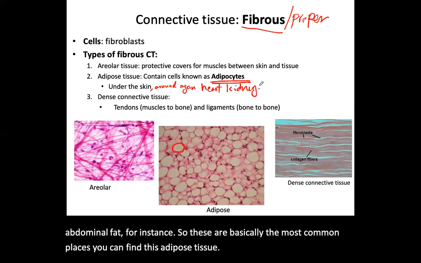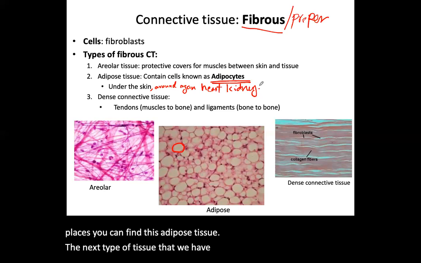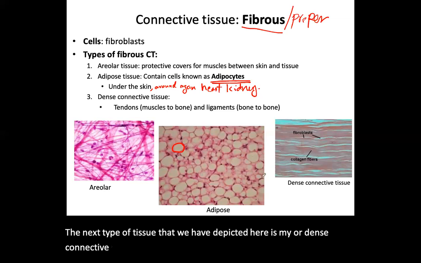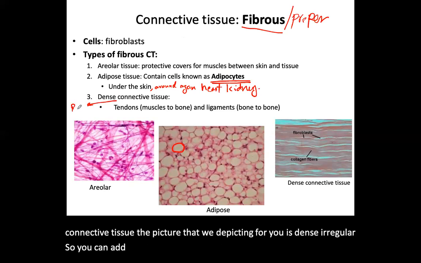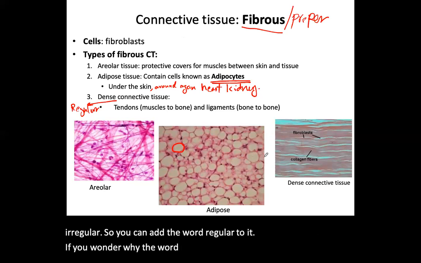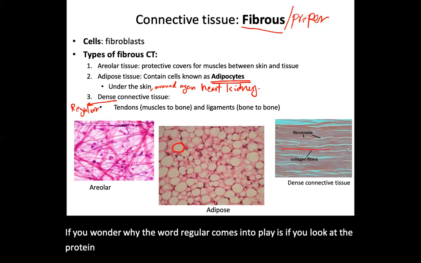The next type of tissue that we have depicted here is our dense connective tissue. The picture that we're depicting for you is dense regular, so you can add the word regular to it. If you wonder why the word regular comes into play, if you look at the protein fibers, see how beautifully they're organized going parallel to each other?